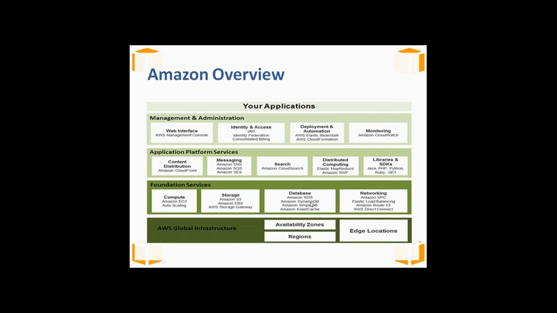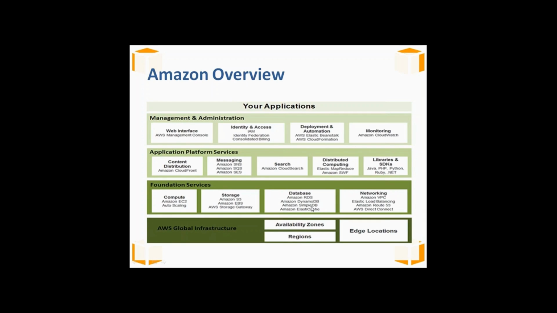Apart from that, Amazon also provides SimpleDB, a managed NoSQL database for smaller data sets. We're going to make use of Amazon SimpleDB in our application for watermarking our simple application, which I'm going to show later.